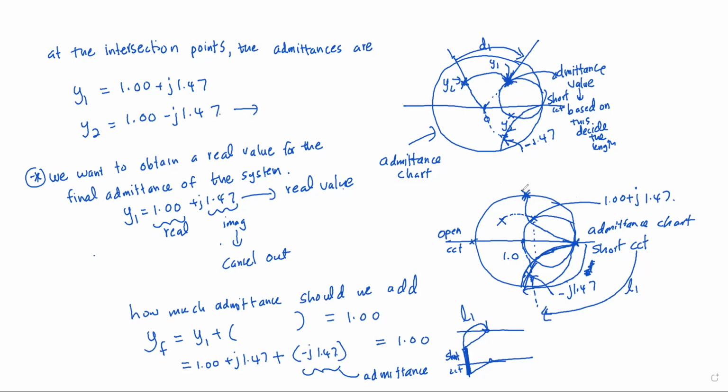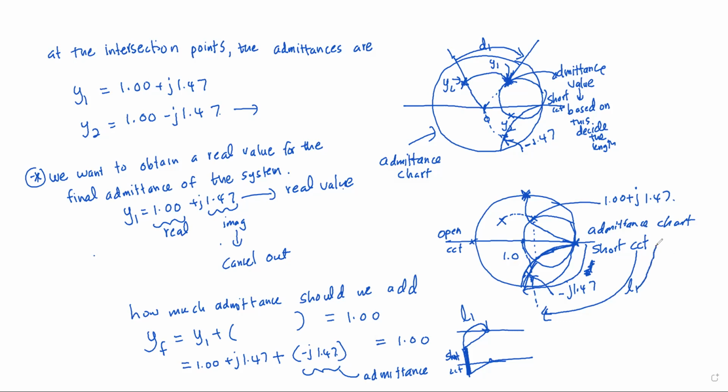Since we are finding the short circuit length, from the short circuit point to that point, we need to keep in mind that we are trying to find the length from the short circuit towards the stub, right? So we consider the short circuit point like a load.